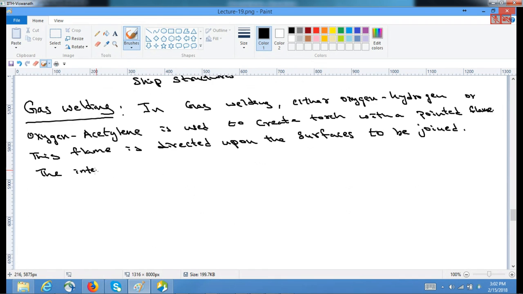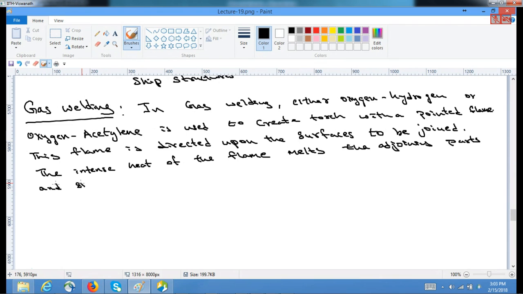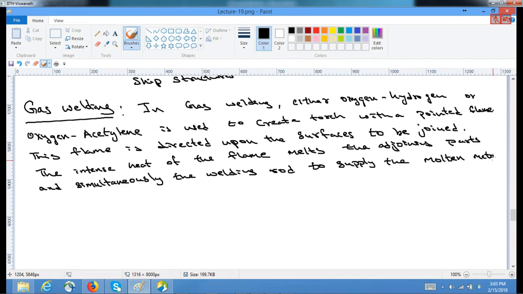The intense heat of the flame would melt the adjoining parts, and simultaneously the welding rod is used to supply the molten metal to the joint.